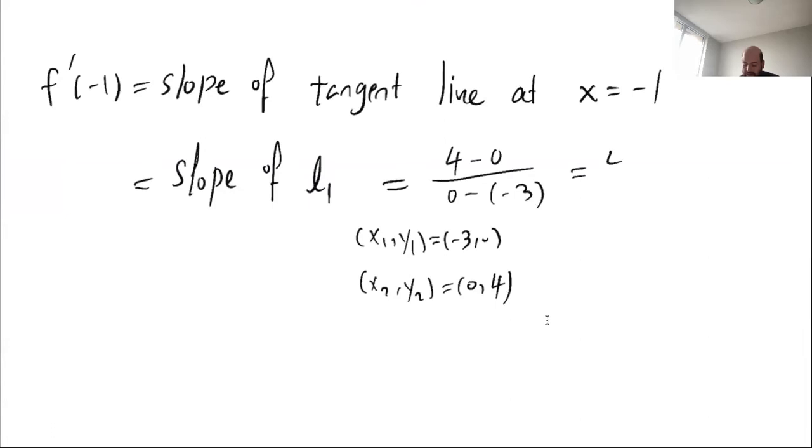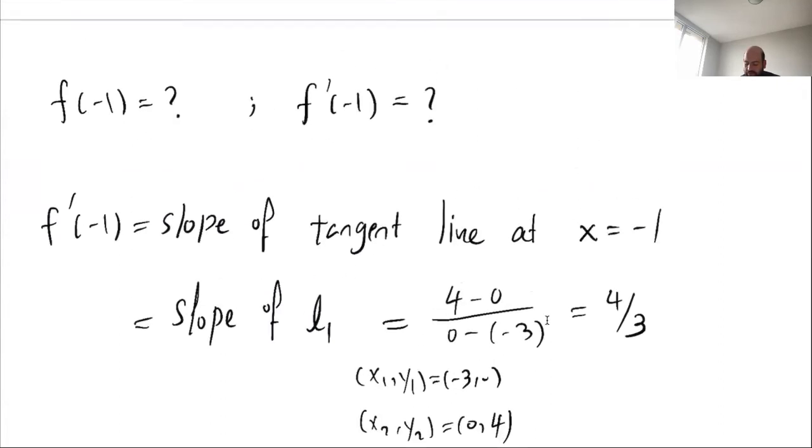The answer will be 4/3. The slope of the tangent line at x equals -1 is 4/3. So f prime of -1 is 4/3.